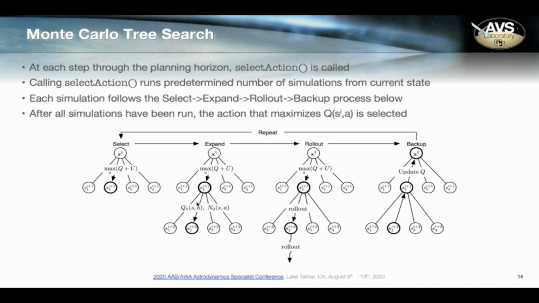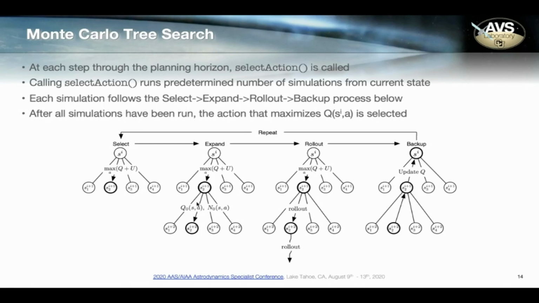For selection, the action is selected that maximizes Q plus the exploration bonus U. If a state is reached that has not been reached before, the state action pairs are initialized for that state, and then rollout is executed, where random actions are selected until the end of the simulation.